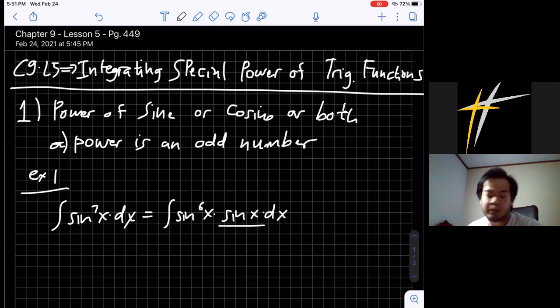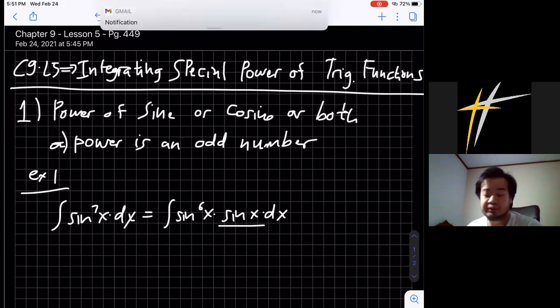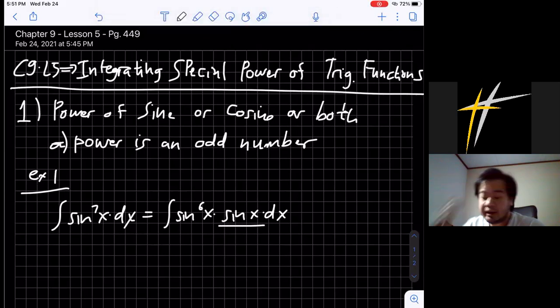So split one power, sine x. If it's cosine, then split cosine x. If it's cosine power 5, for example, then split cosine power 4x and cosine x. And by the way, I forgot to tell you that for this method, we will need a lot of trigonometric properties. Of course, in the quiz or in the test, I'll give the properties, but it's nice if you can memorize some formulas that are used quite often.